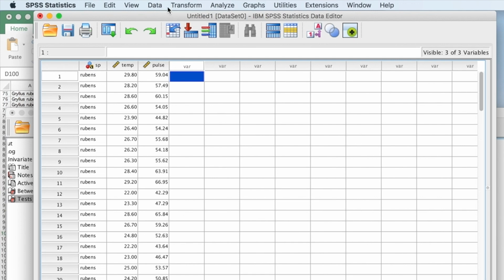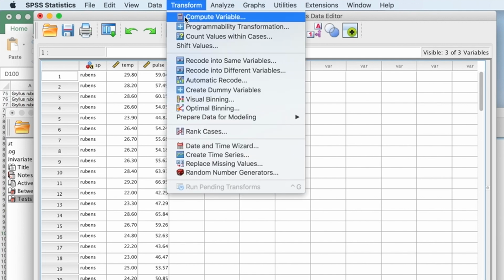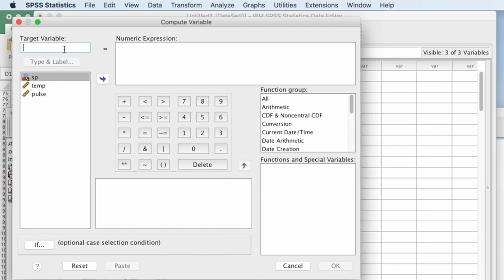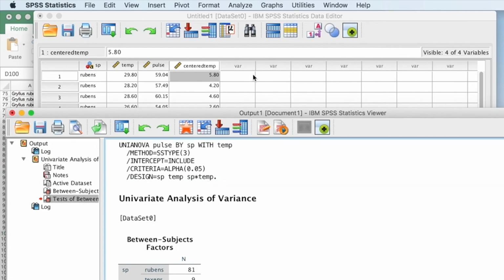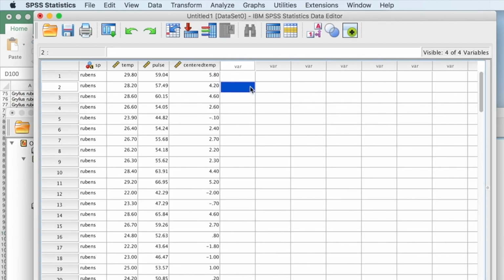So I'll make a new variable, so Compute Variable here, and I'll call it centered temperature. And that's going to equal the old temperature minus 24. And then now we can rerun the analysis.